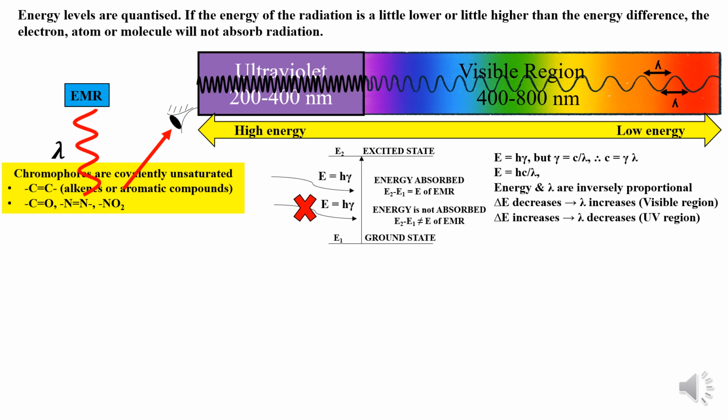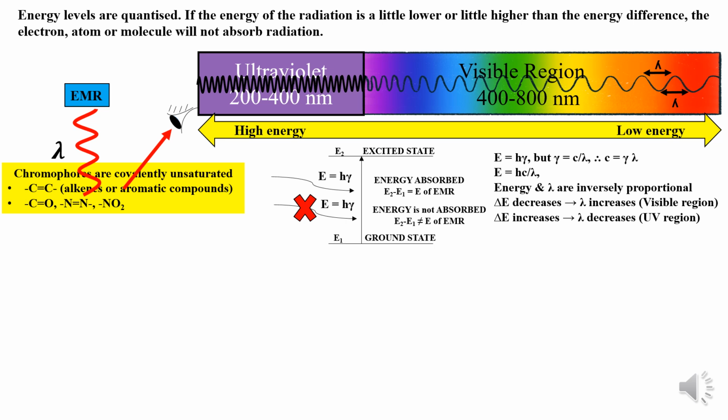Now, this equation clearly explains the fact that energy and wavelength are inversely proportional. When you observe the UV-visible region diagram, you can see that in the visible region, the wavelength increases while energy decreases, while the UV region, having a shorter wavelength, has higher energy.